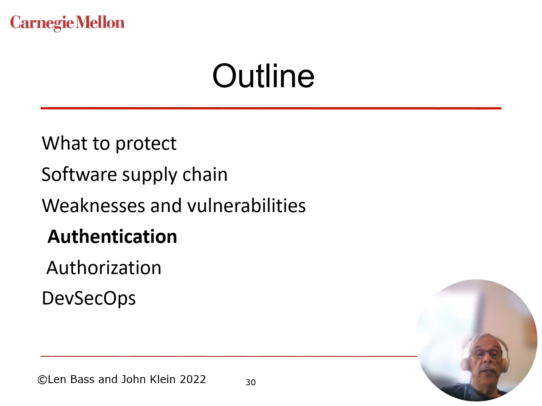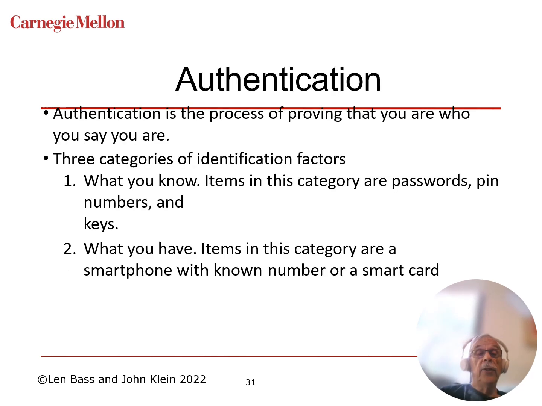Okay, now we move on to authentication and then authorization. Authentication is the process of proving that you are who you say you are. And there are three categories of authentication factors. What you know: passwords, PIN numbers and keys. What you have: things like smartphones with a known number, or a smart card.